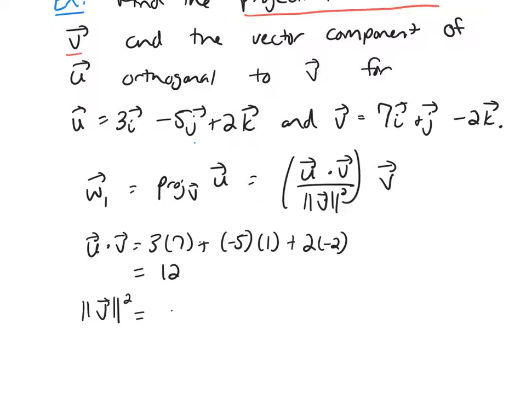That's just going to be 7 squared plus 1 squared plus negative 2 squared, or 54. So I'm going to plug these two things into my formula, and I'm also going to need the vector v.